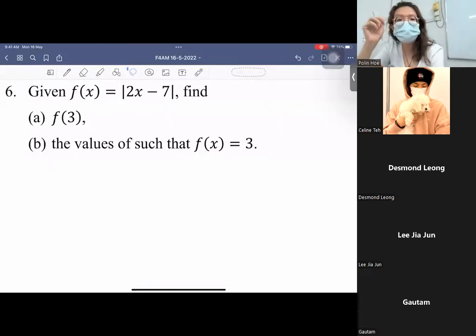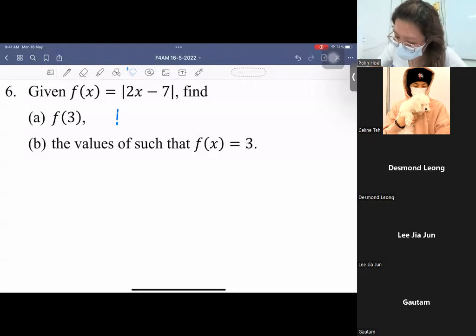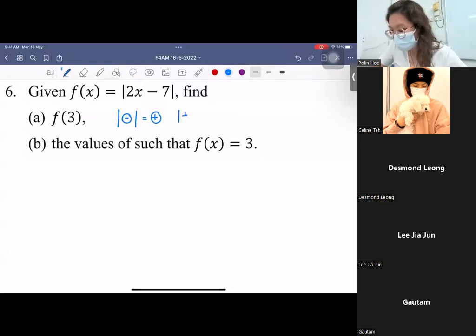Question 6. Given that f(x) equals |2x minus 7| with the modulus sign, find the value of f(3). This is magic. This modulus sign, when a negative value is inside, it will become a positive one. And of course, a positive value, when it's inside the modulus, will also stay positive.